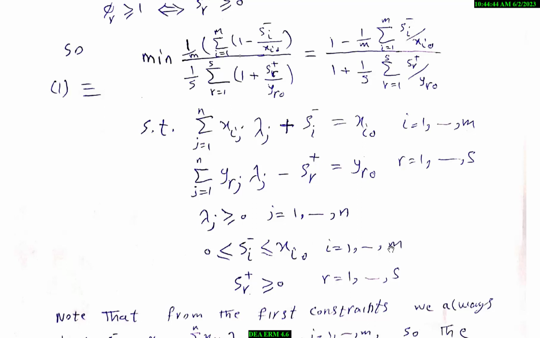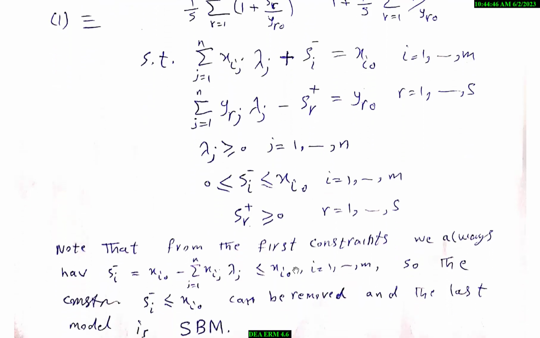However, note that from the first set of constraints, we always have si minus equal to xio minus this value, and since the x data are positive and lambda j is non-negative, this is obviously less than or equal to xio.